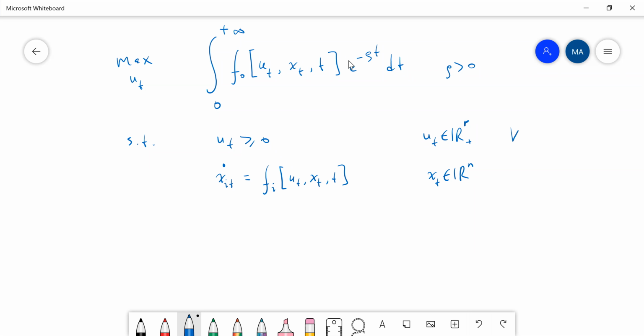So this is true for all r, and this is true for all i. Then again, for each i, the initial value is given.